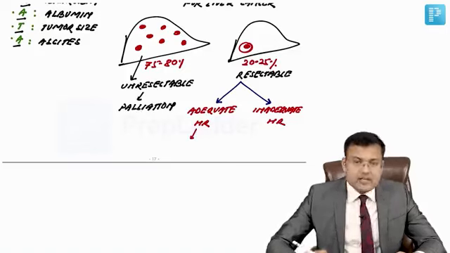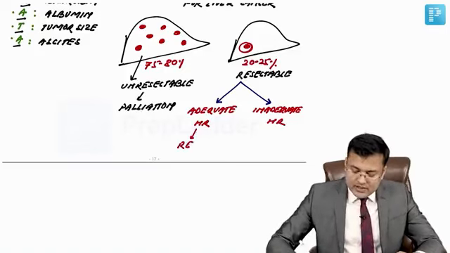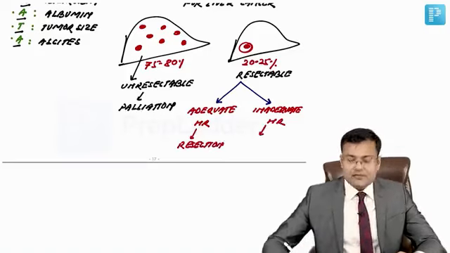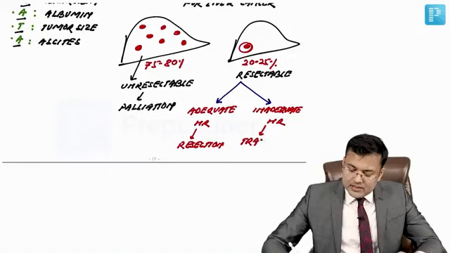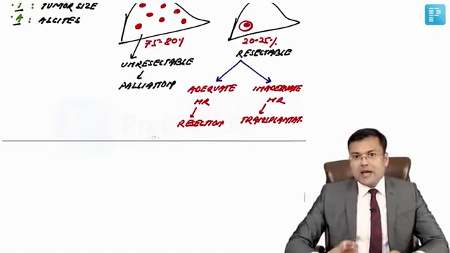If adequate hepatic reserve is there, obviously we go for resection. And if there is inadequate hepatic reserve, we will go for transplantation. Simple. So this is how we manage.